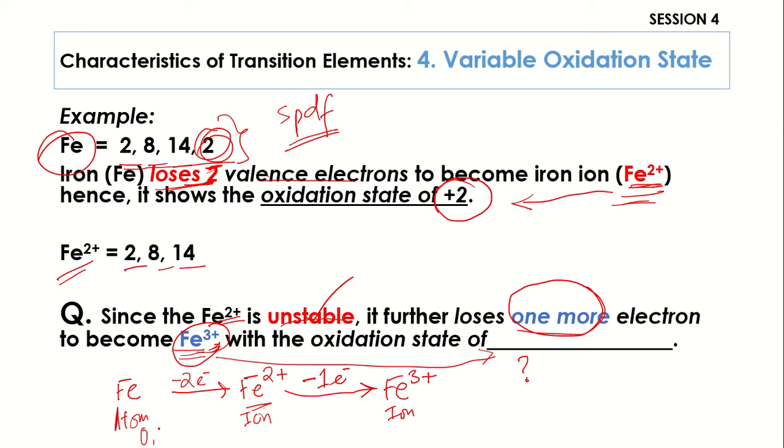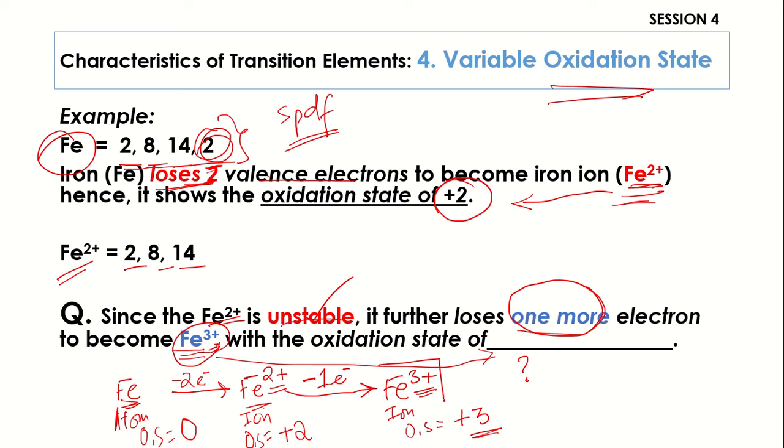So the oxidation state of the atom here, OS, I've just written as the short form for oxidation state. The oxidation state for the iron atom, since it has not lost or gained electrons, we can write as 0. The oxidation state for the iron ion with 2 positive charge means it has lost 2 electrons, so we can write +2. And for the iron ion with 3 positive charge, if you have guessed it correctly, it is +3.